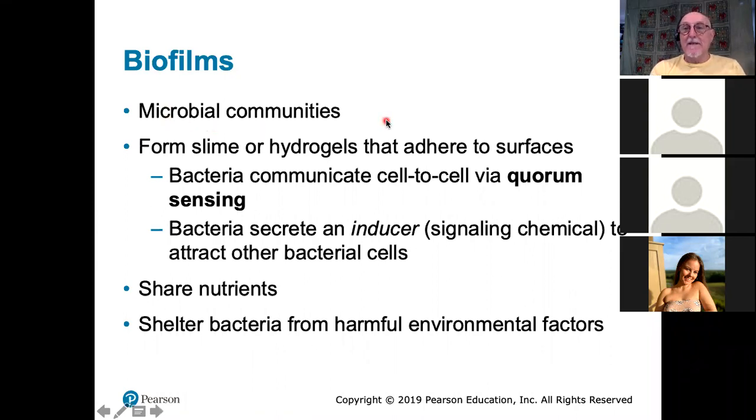So the first thing to explain to you is that bacteria can actually communicate with one another. And we see this when we grow bacteria in a medium. We'll see later on in detail how this happens, but when we first put them into the medium, their growth is extremely slow.